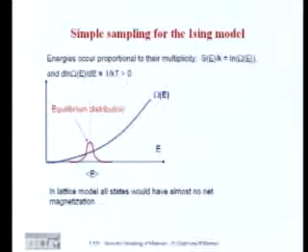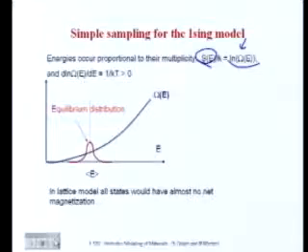Typically you pick states with higher entropy, and you know that because the entropy is essentially the log of the multiplicity. The entropy at a given energy is the log of the number of states at that energy. So remember, if you do simple sampling, you're going to pick states proportional to omega.